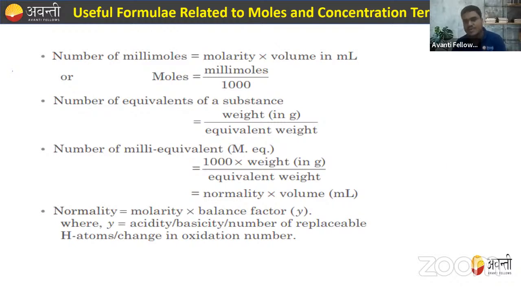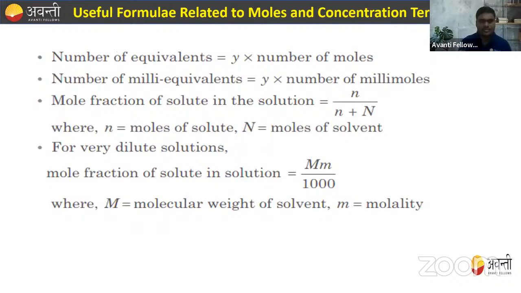And number of milliequivalents is equal to 1000 into weight upon the equivalent weight. Clear? So these are all important useful formulas that relate moles and concentration terms. Concentration terms, we are going to study this in a later part. That is molarity, all these things.